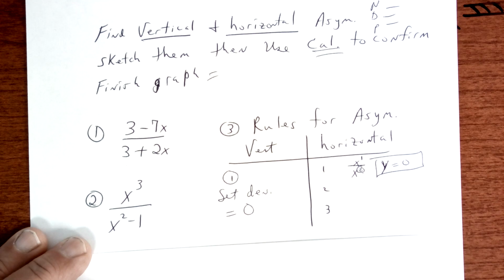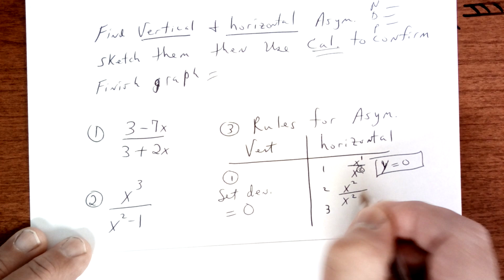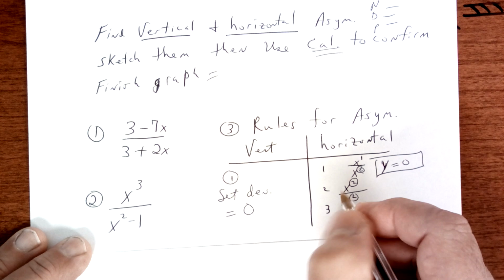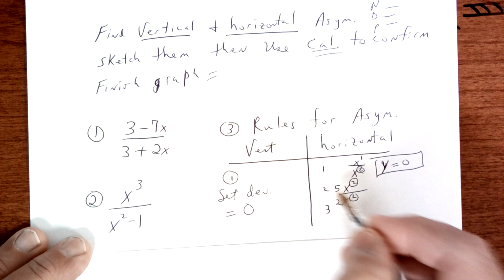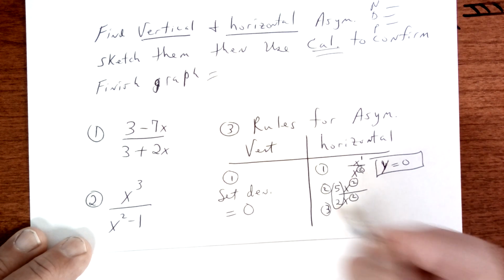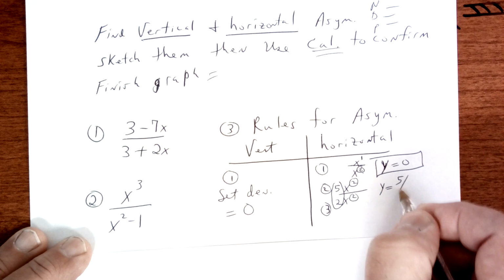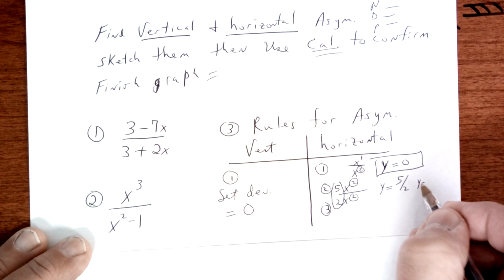The second one would be like if you have x squared over x squared, where the exponents are the same. If they're the same, then it's a ratio of the coefficients. So let's say this was a 5 and a 2. Then the ratio of the coefficients would be 5 over 2. So y equals 5 over 2 would be an asymptote, which would be y equals 2.5.